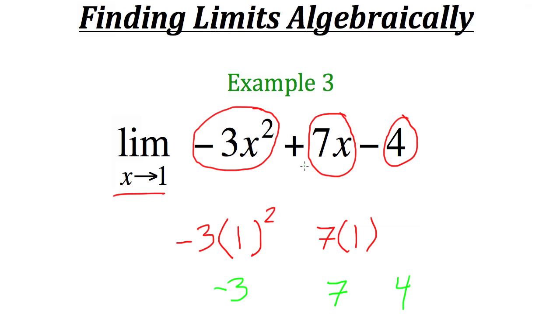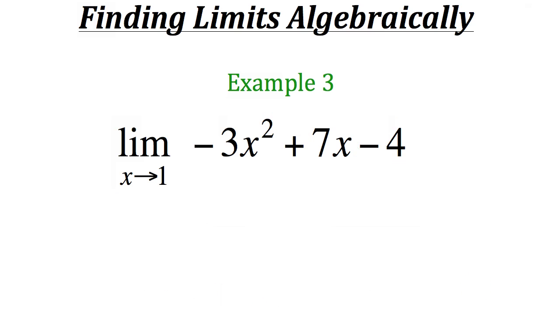For example, we need to add the limit of the first two terms, and then subtract the last limit. So we have -3 plus 7, which is 4, and then 4 minus 4 ultimately gives us a value of 0. So the limit of this function as x approaches 1 is 0.